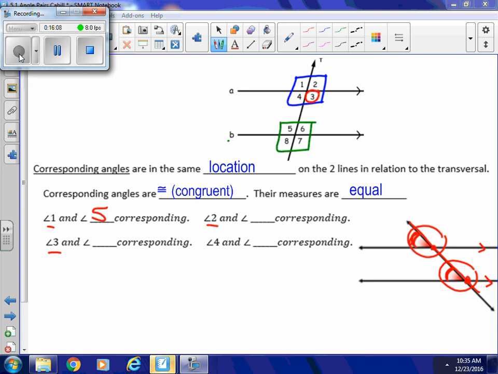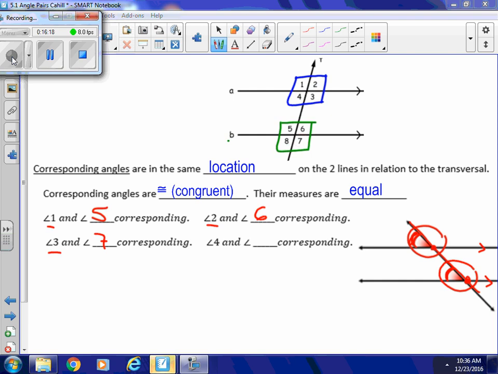Well, angle 3 is in the lower right, as is angle 7. They are both in the lower right, so they correspond to each other. Finally, angle 4 is in a corresponding location to angle 8. They are both in the lower left corner of their intersections.